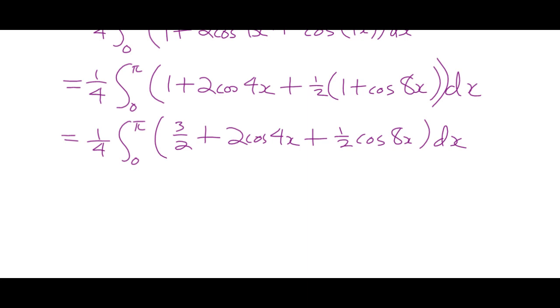And now, we can actually do the integral. So 3/2 becomes 3/2 x. Cos 4x, well, you're going to have to start with sine 4x, right? Derivative of sine 4x is cos 4x, good.